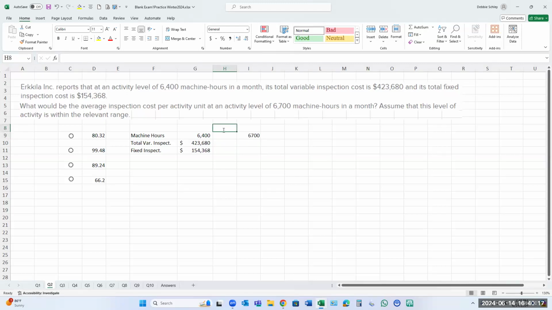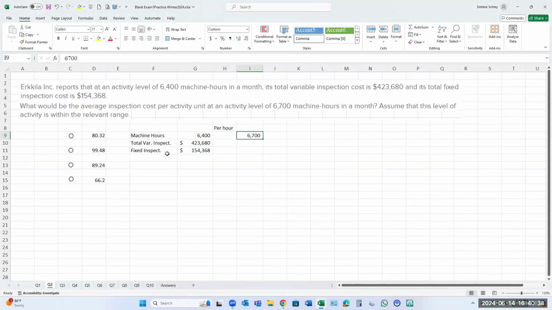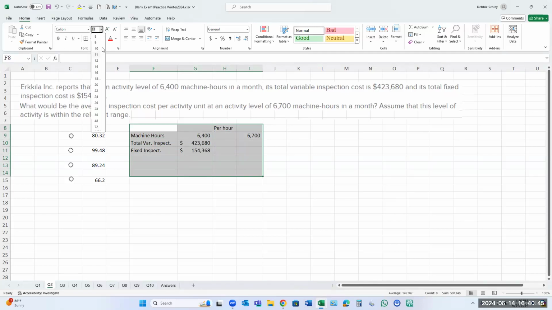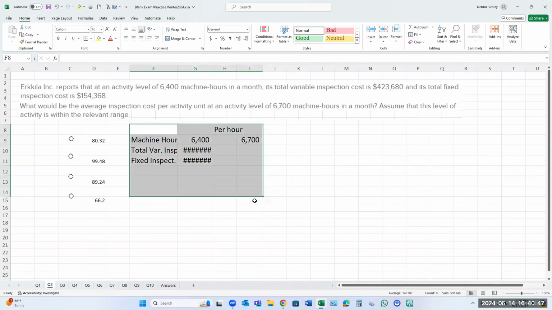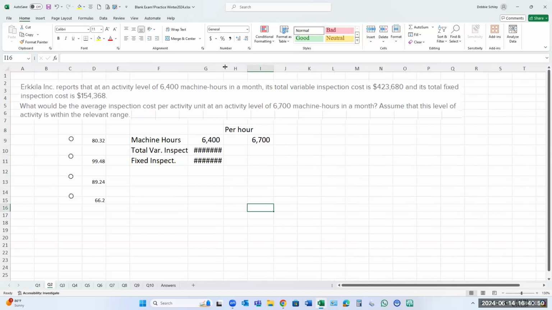Okay. So I know that at any activity level, my fixed cost remains the same. A little bigger for you.